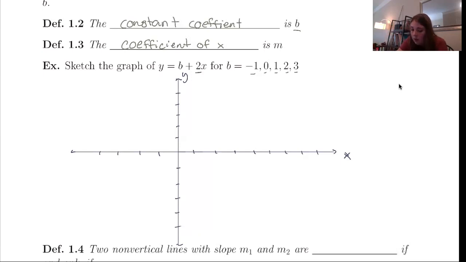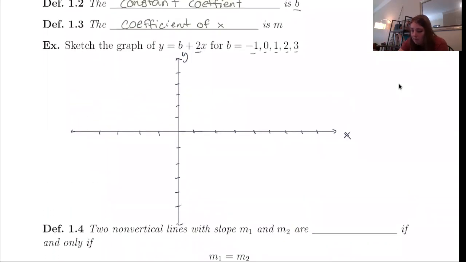The coefficient of x, m, our slope, is the same, just 2. But now we're just changing b. All right, so this is where my super fun colors come in. Let's do b equals -1 and this fun color. So that means my y-intercept is -1.